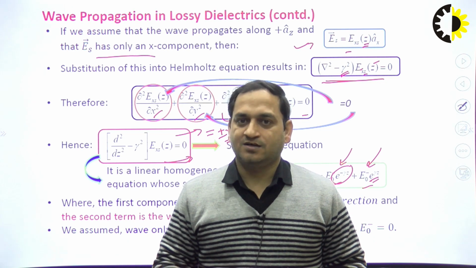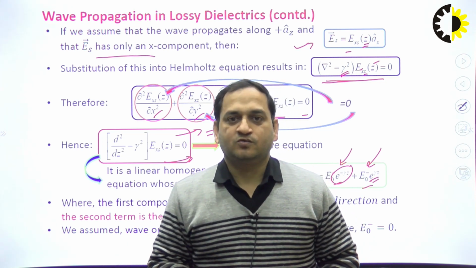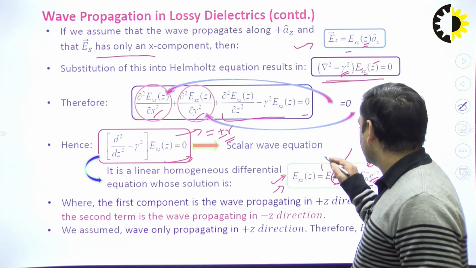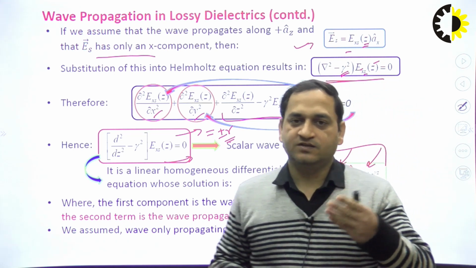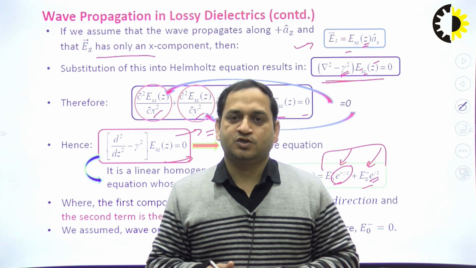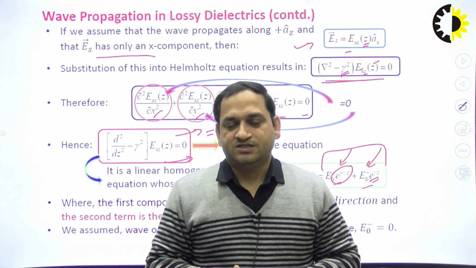So it depends on our application, at what direction we want to find the wave propagation. Suppose the wave contains these two components. In this case, the wave is propagating in the plus z direction, and after reflection it is coming to the negative z direction. So the superimposition of the waves will occur and standing waves will be generated.